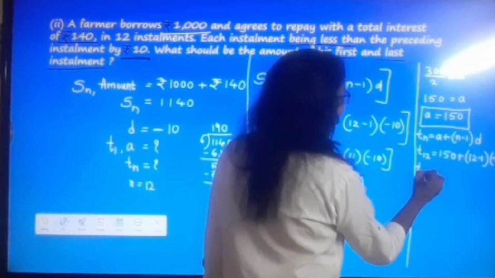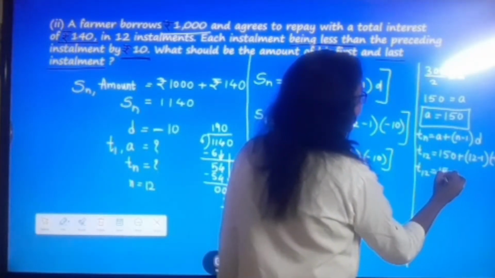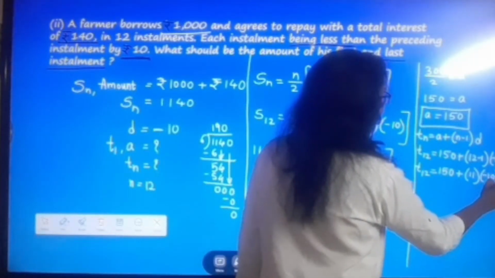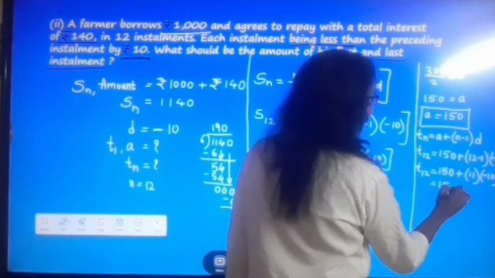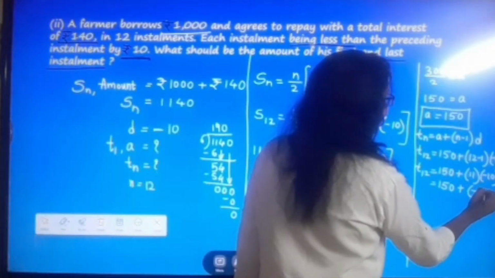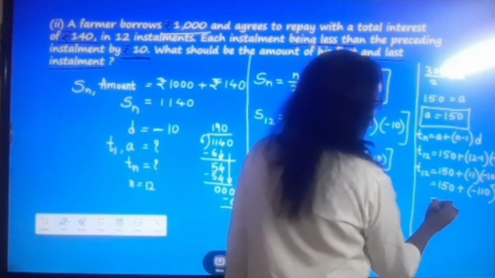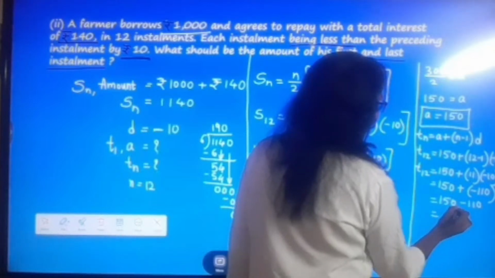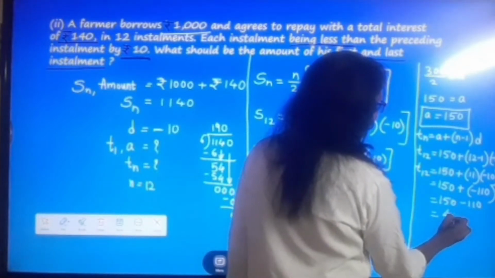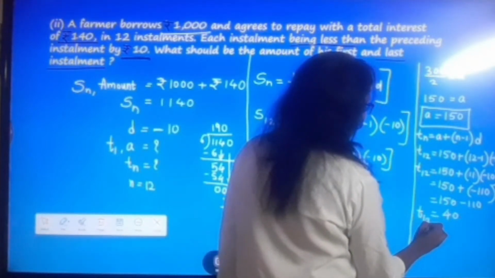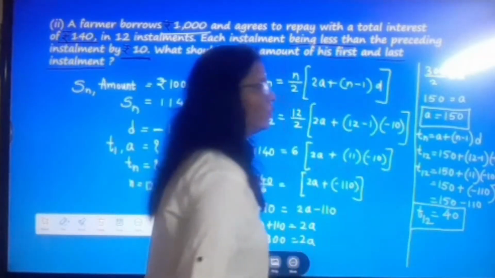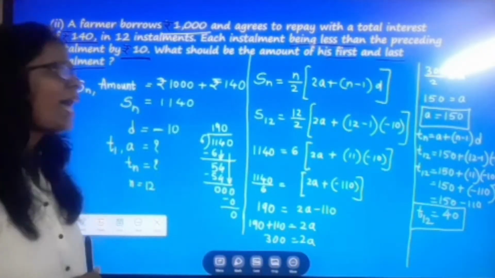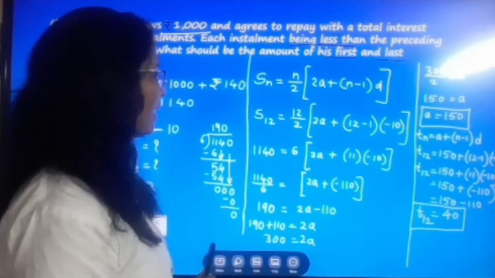So here T12 is equal to 150 plus 11 multiplied by minus 10. So here students, 150 minus 110, that means equal to 40. So T12 is equal to 40. Okay, and that value is of the last term.